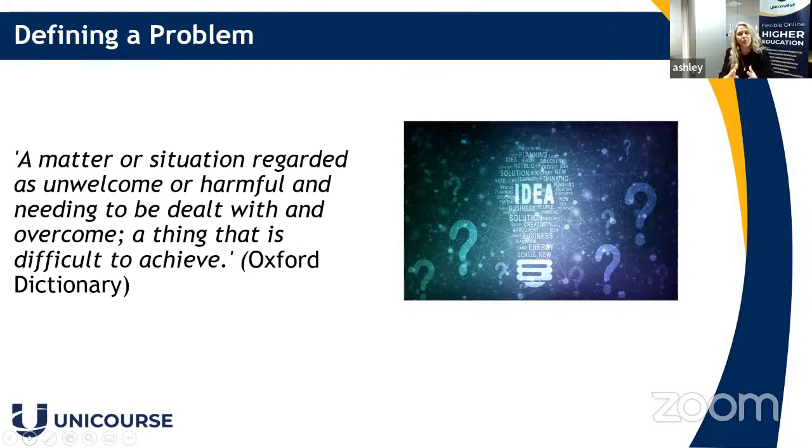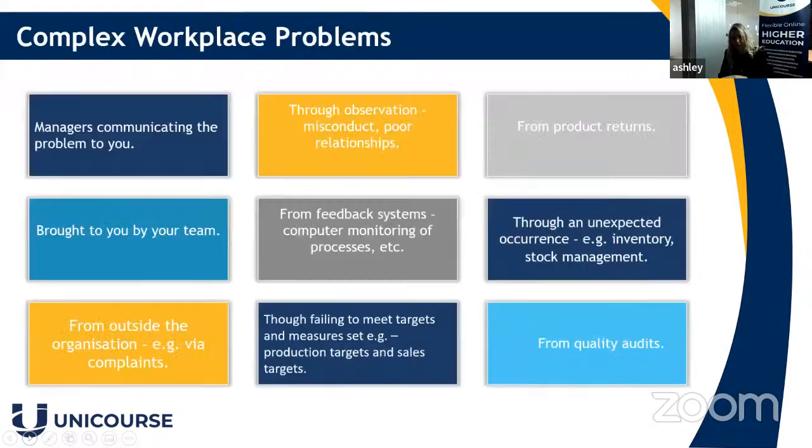So that definition of a problem allows us to consider, okay, how can we look at our organisation as a whole, see where problems lie and see how we can go about analysing that problem to find solutions. Now, often is the case that you will need to pull information or pull data in order to be able to get to the depth of a problem in itself. So that's what we're going to be talking about today.